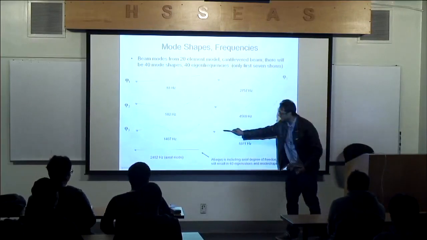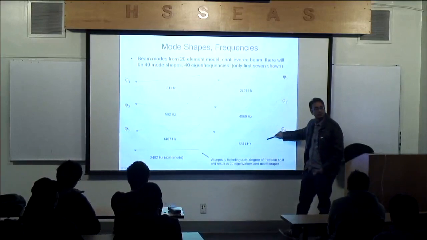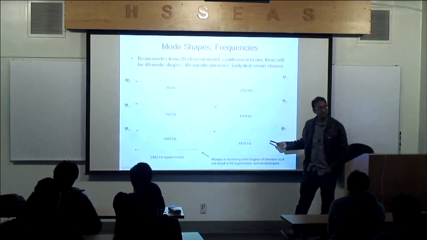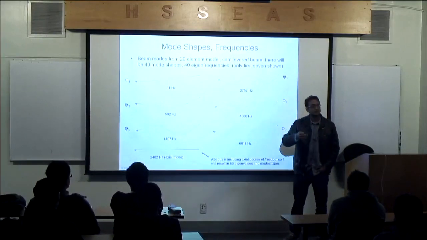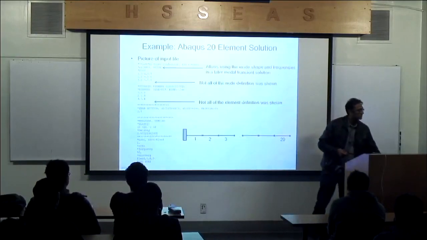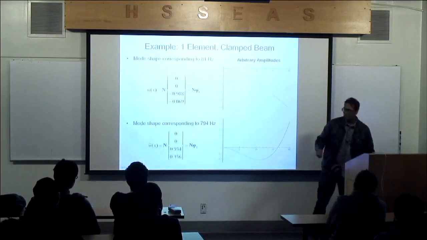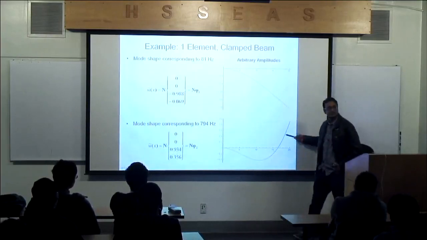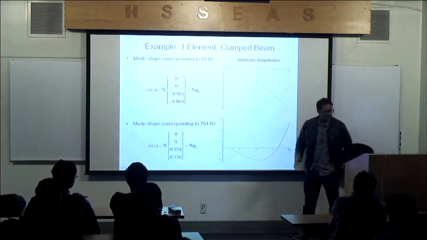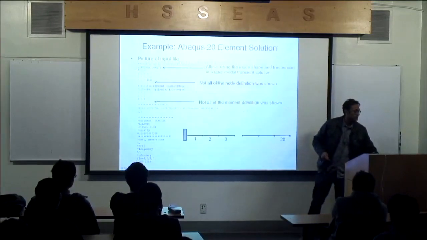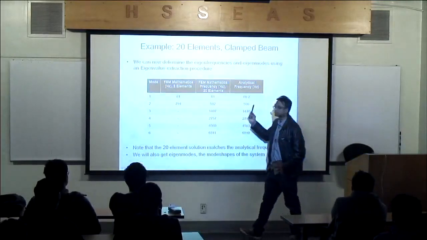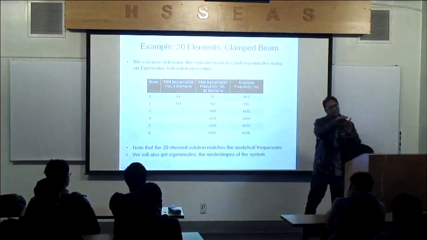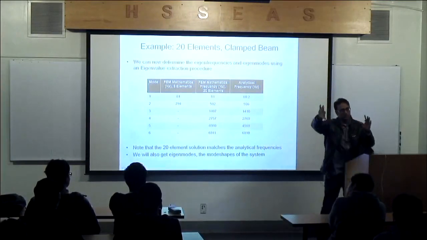The analytical solution can give you very sharp oscillations on that beam, but because I have a finite number of elements, I cannot really do that. The same goes with the 2 elements. That was the best shape I could do with 2 elements, and clearly that's off from the analytical solution. That's not close. That's 794, and that's 506. So 2 elements could not represent the exact mode shape of the analytical solution.